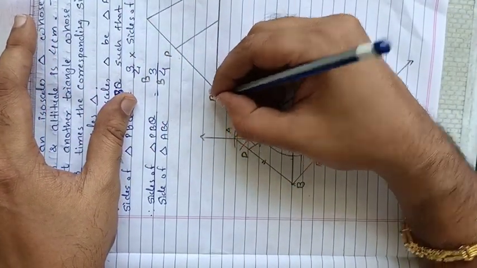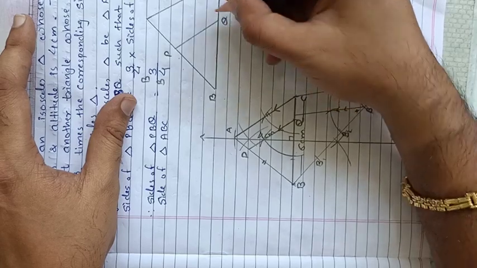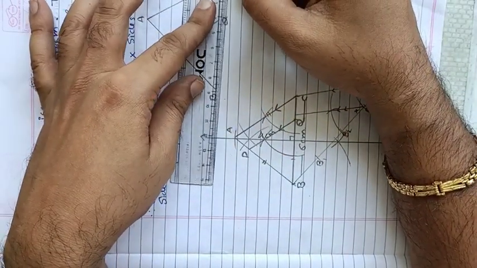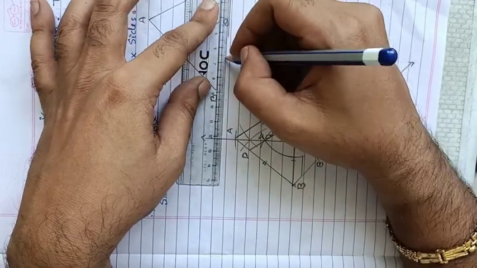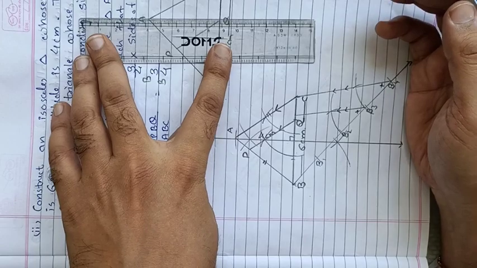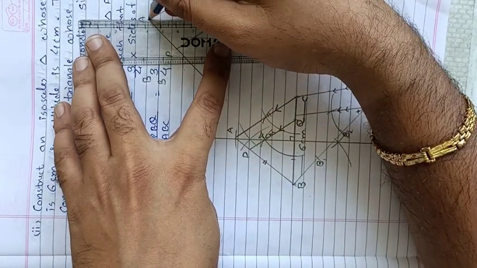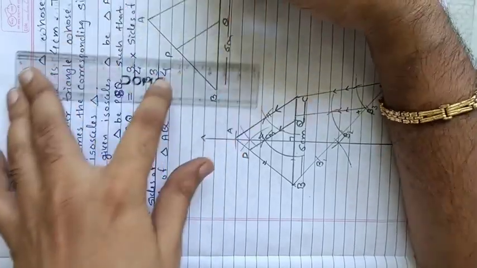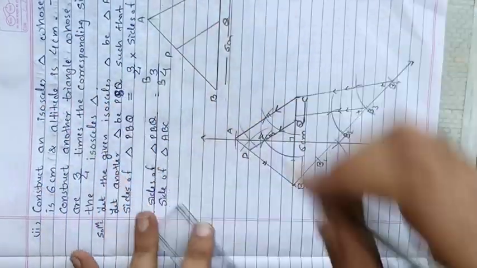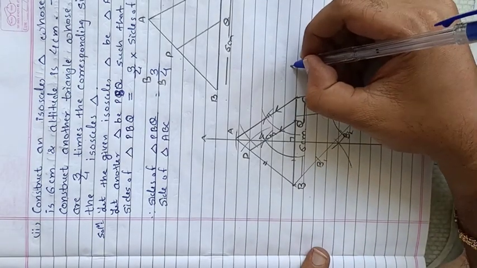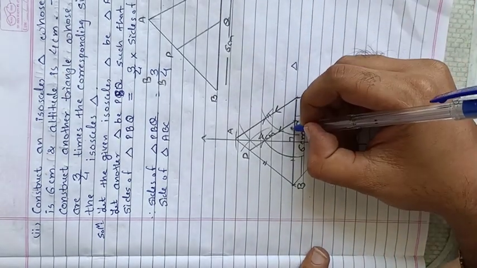P, B, Q and A, B, C, where BC is 6 centimeter and the perpendicular distance, this much height. I can show height here as well. Height is 4 centimeter, and this is the required triangle. So right triangle.